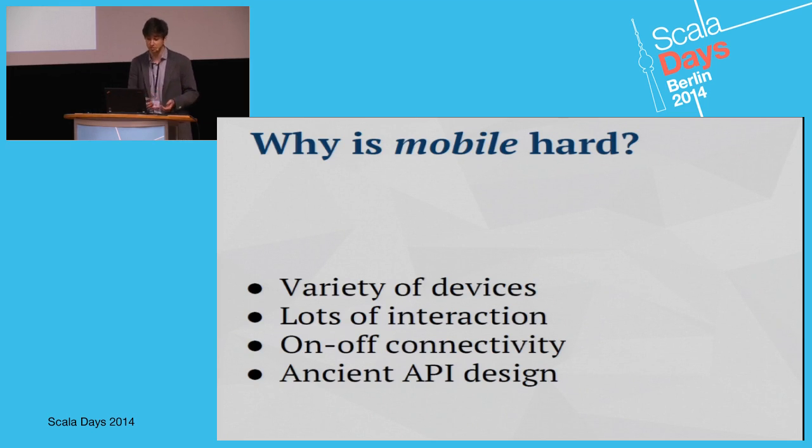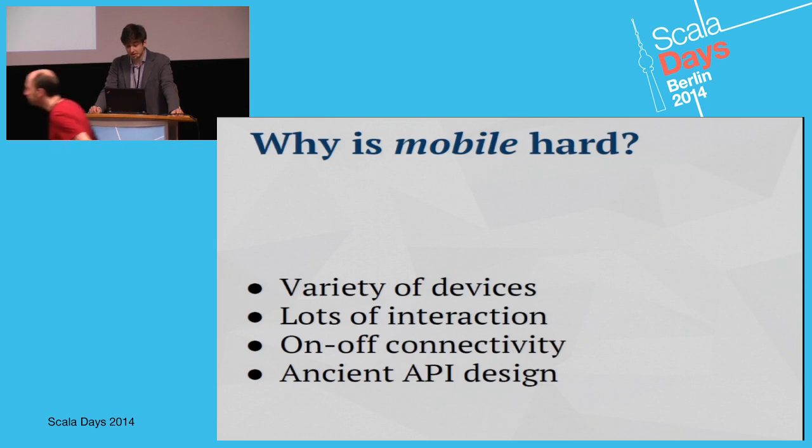You're always doing something with it. The interfaces do not really fit on the screen, so you have to scroll a lot. You have a lot of smaller interfaces that you have to use. And it's not always connected, so you have to be asynchronous or reactive in a way. And something especially true for Android, it has some very Java-like APIs.